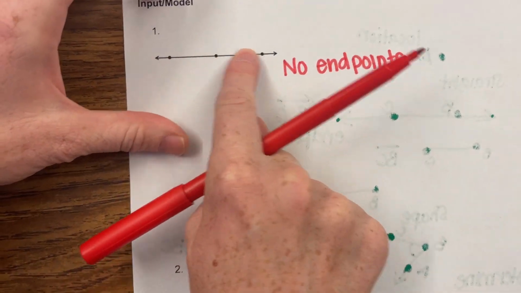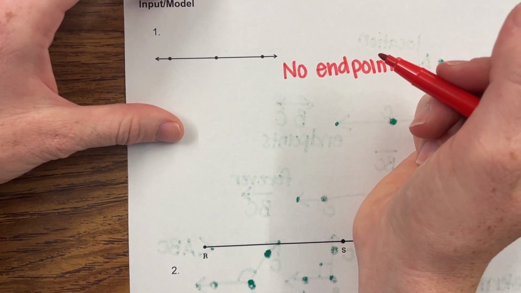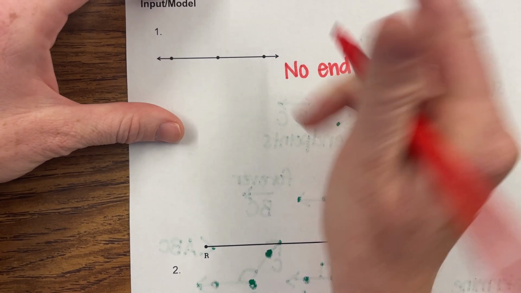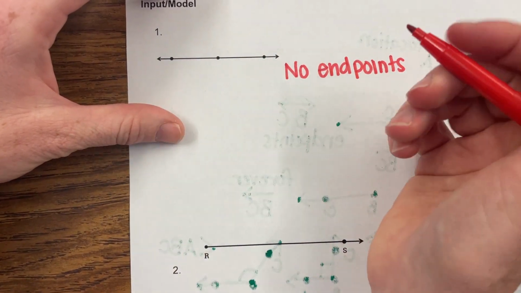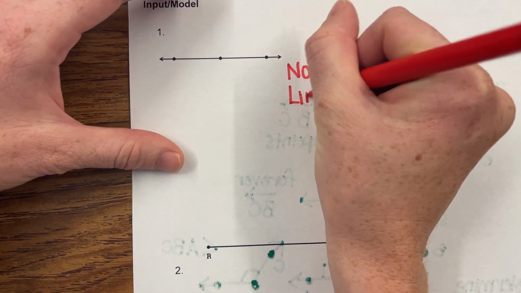But I see that it's straight, so I'm going to go with that it's not an angle. However, there are 3 points, so that might throw you off a little bit. So let's call this a line.